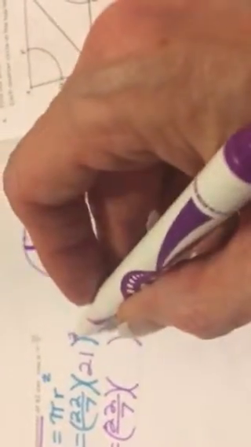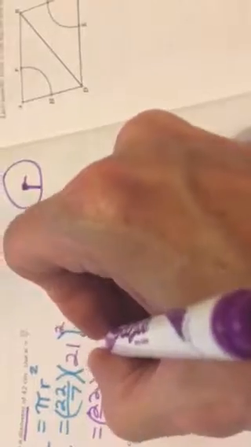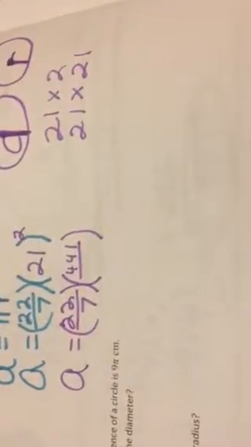You write the 21 down and you write the 21 down 2 times. And you put a times between it. So 21 times 21. It's 441. Remember, you have to make it a fraction. Jason, you better remember, making a fraction means to put a 1 under it.